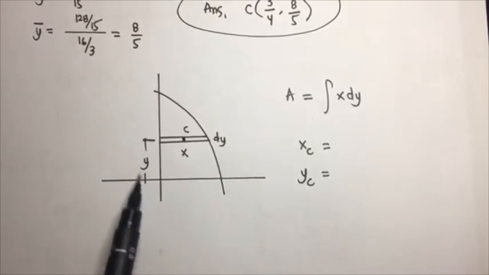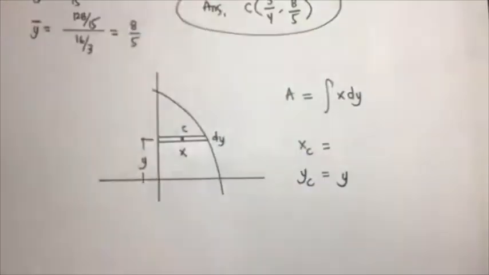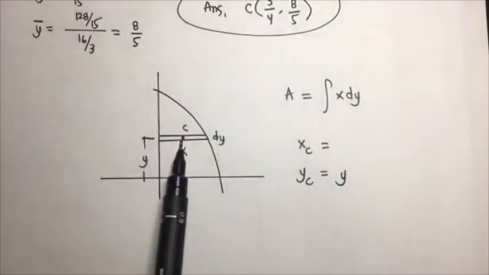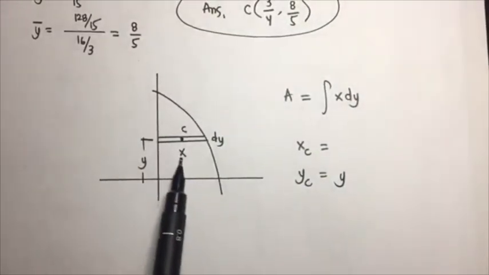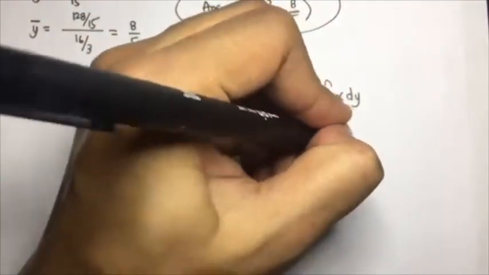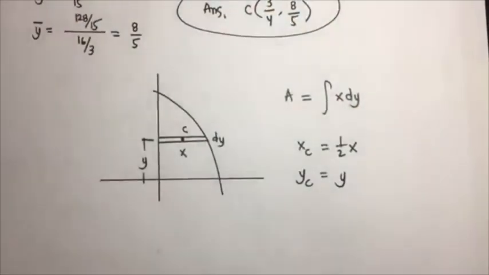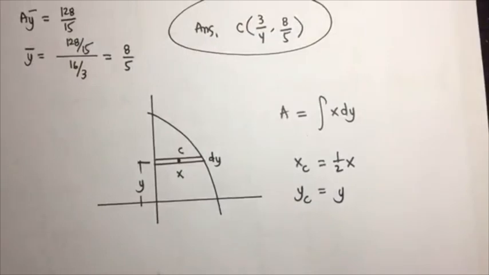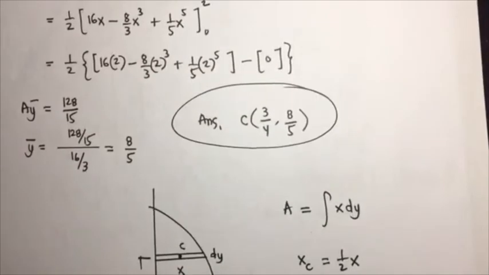So yc will correspond to y, while xc will correspond to 1/2 of x. So you try that on your own and see if you arrive at the same answer.